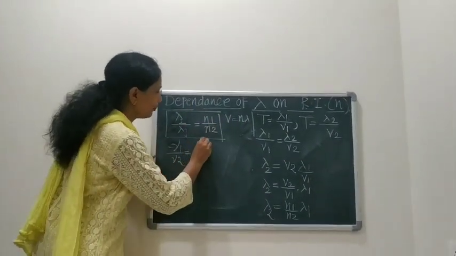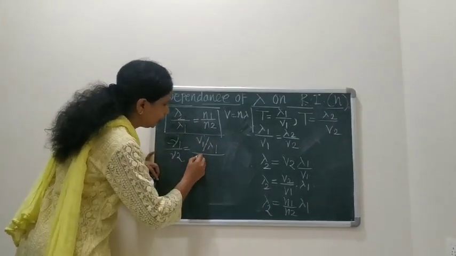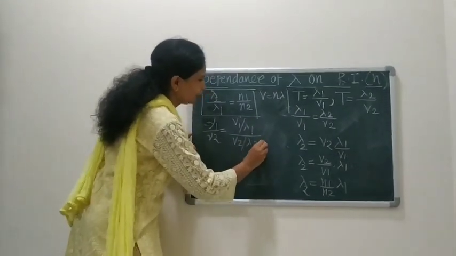From this equation, nu1 is v1 upon λ1, and for nu2 put v2 upon λ2.